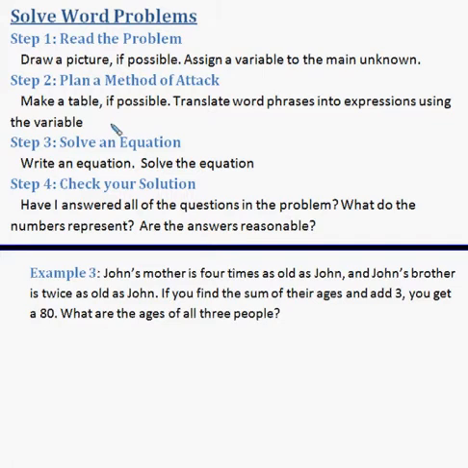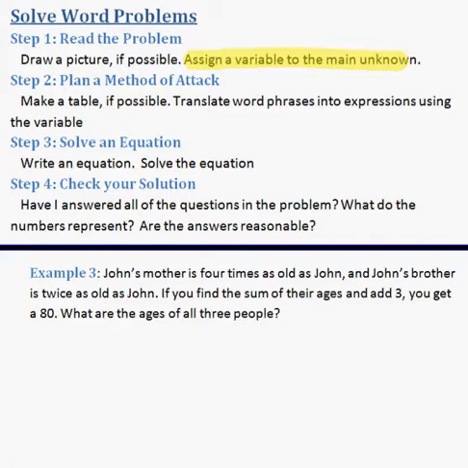So in this case, we have 3 unknowns. We want to know mom's age, John's age, and brother's age. But we don't want to use 3 different variables because we can't solve for 3 different variables with just one equation. So this says find or assign a variable to the main unknown. Now the way that I determine what the main unknown is, I see what everything's being compared to.